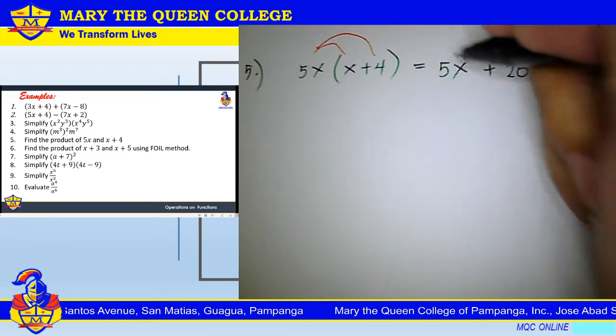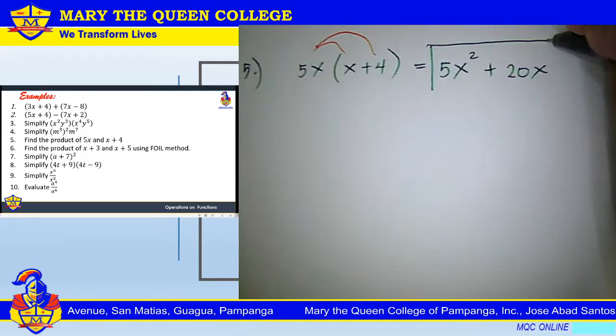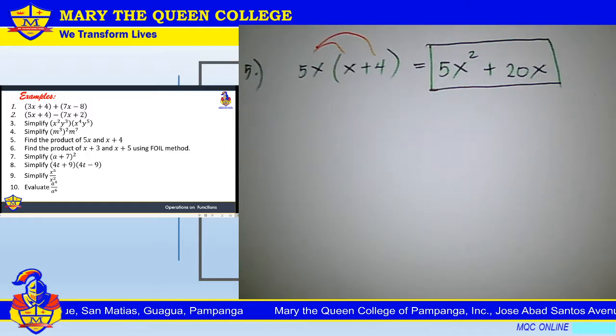So this is our answer: 5x times the quantity x plus 4 is equal to 5x squared plus 20x. That's how easy it is. That is for number 5.